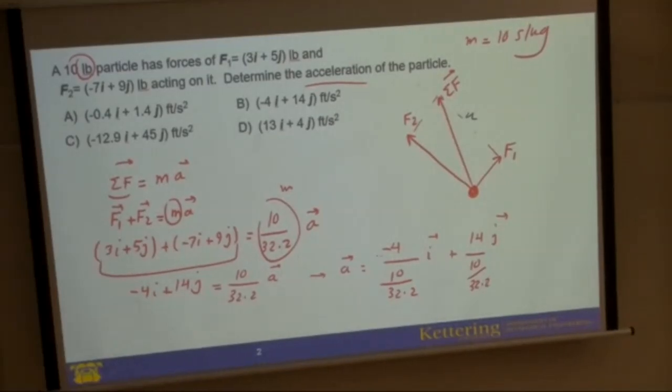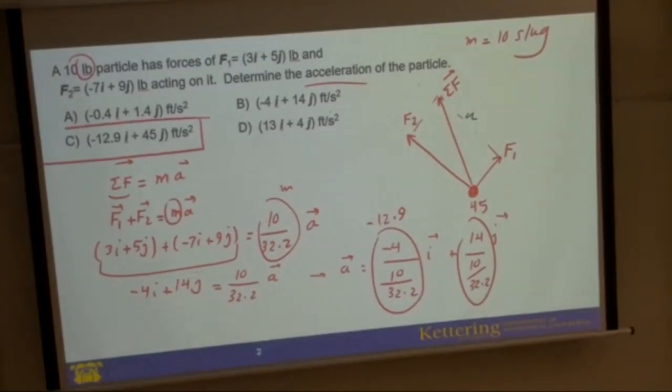If you calculate this one, it is approximately -12.9. If you calculate this one, it is 45. The correct answer is C, as 40% of you answered correctly.